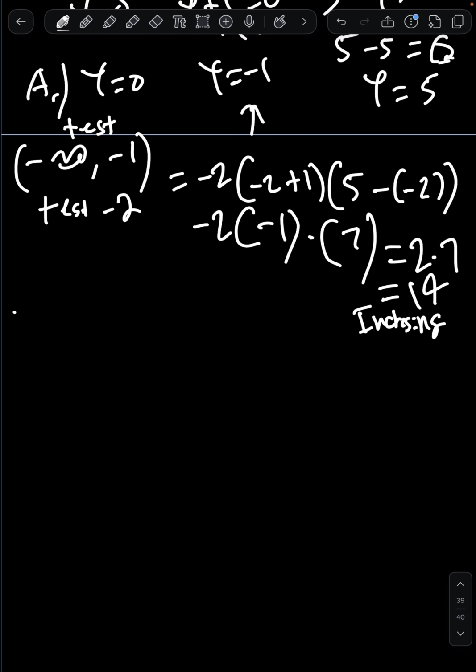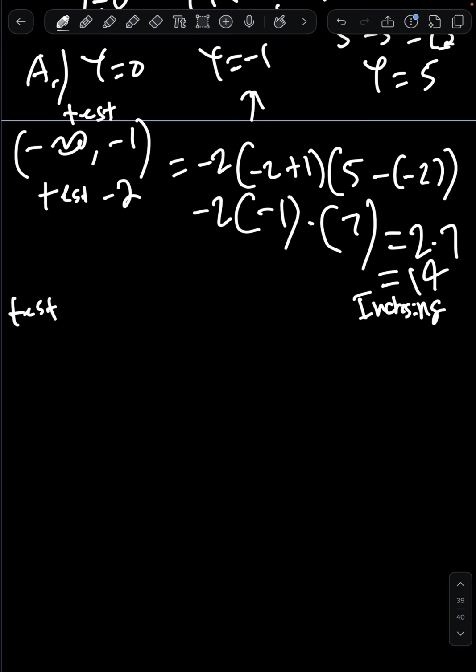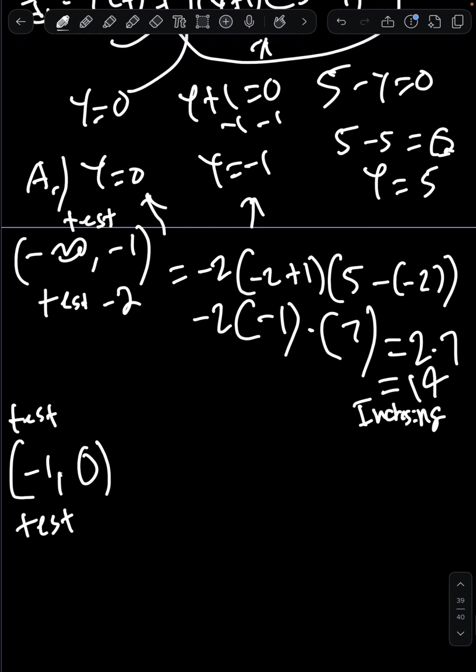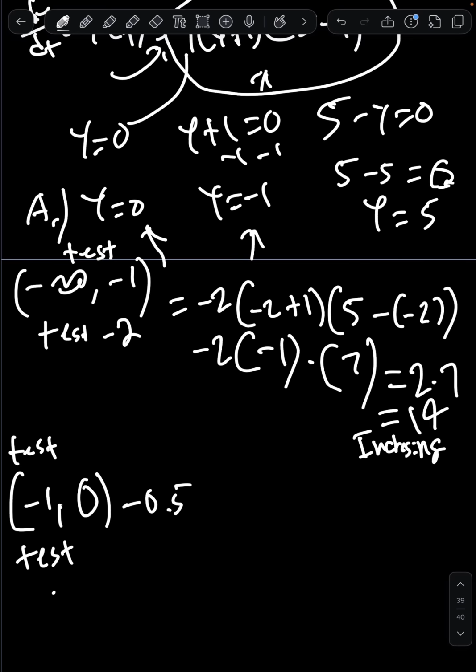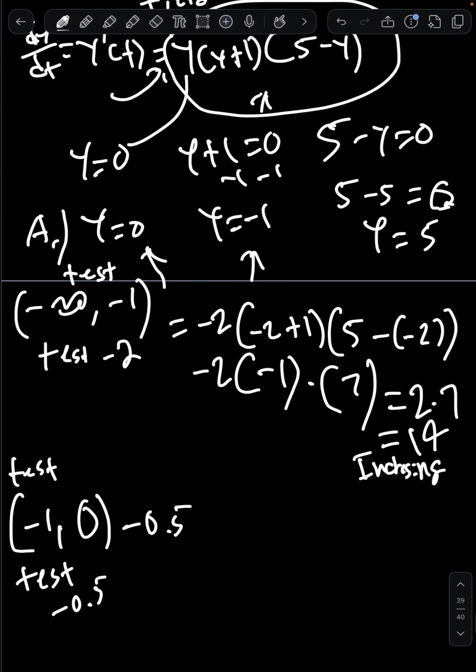Now we need to test another interval, which will be from negative 1 to 0, because this point right here is our other critical point. Now we can test a value in this interval. Let's just do negative 0.5. Actually, let me write this down here. Negative 0.5 times (negative 0.5 plus 1) times (5 minus negative 0.5).